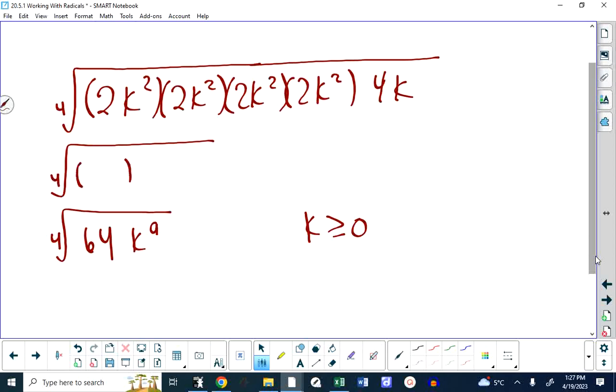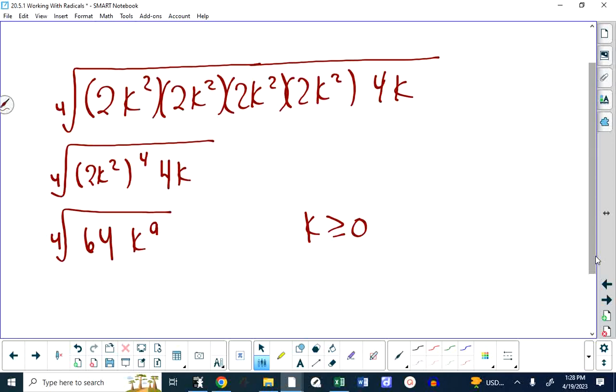I'm warming you up to Math 30 here, that rather than writing 2k squared times 2k squared times 2k squared times 2k squared, why can't we just write 2k squared raised to the 4 in brackets?